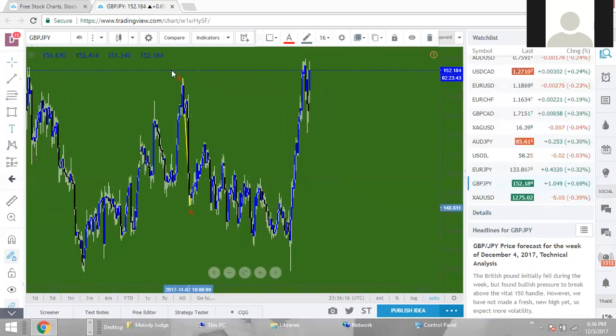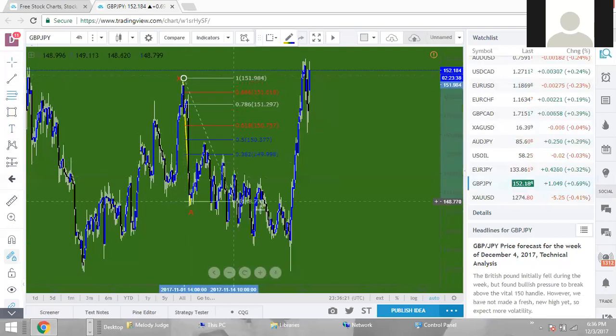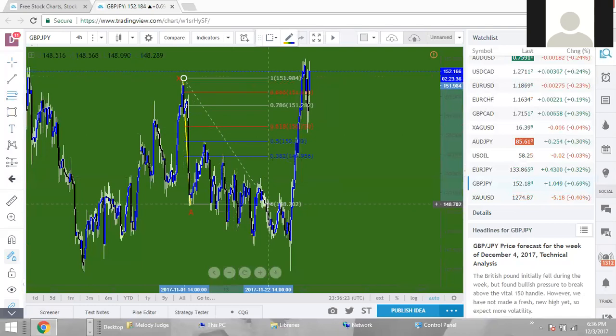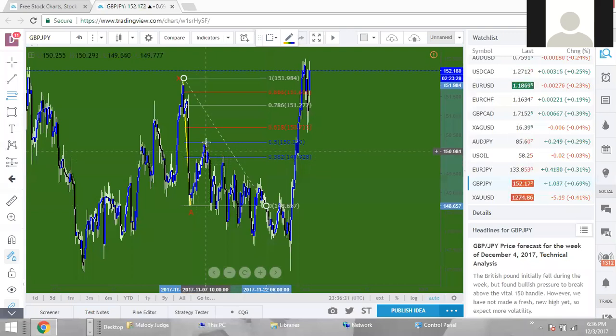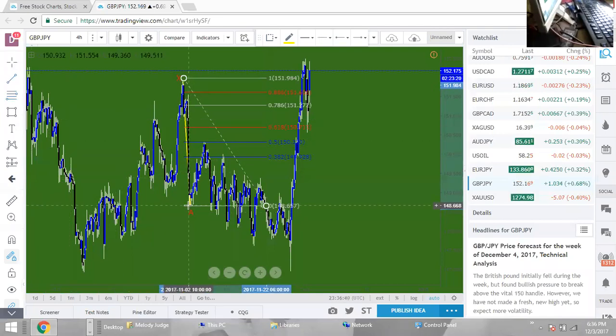So once I identified X to A, I knew that I had to break out the Fibonacci retracement just like every other time. From X to A, what we have here is we met the requirements of the 382. We came up to the 50. We closed below the 50. This pattern would have been, that is a valid B leg.